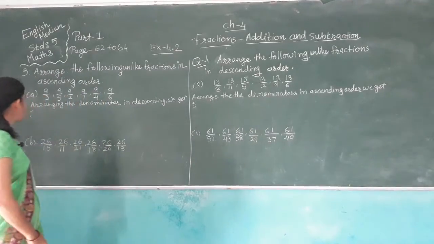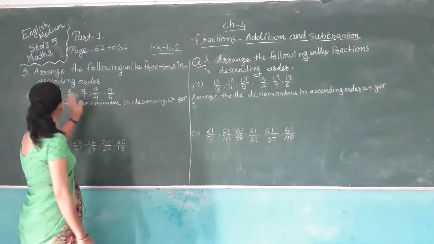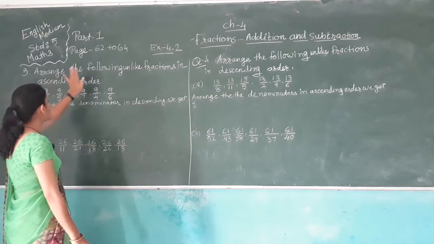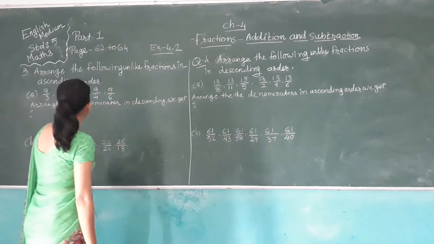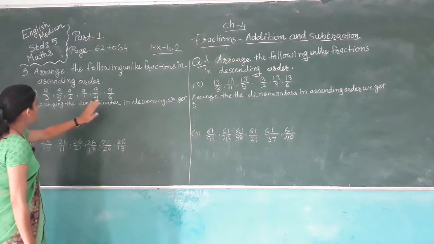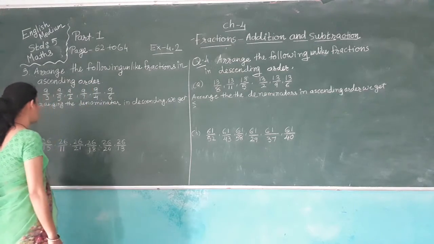Now next one, arrange the following unlike fractions in ascending order. Here both fractions are unlike fractions.